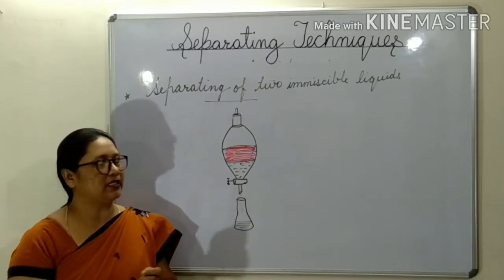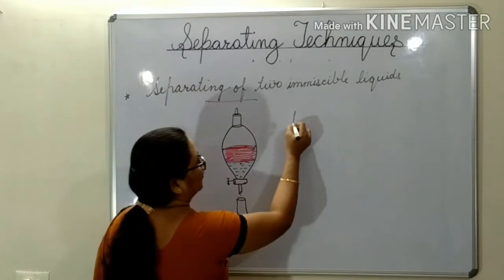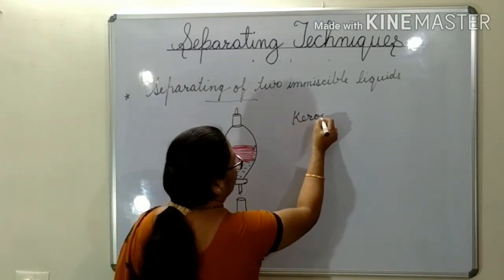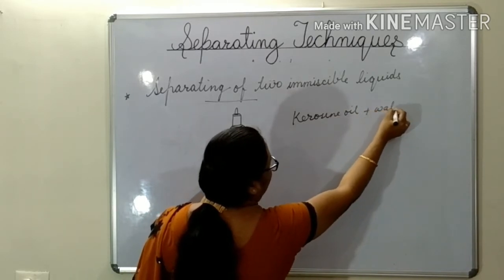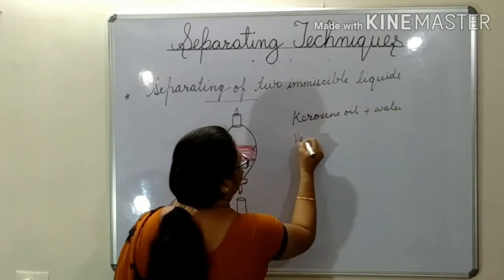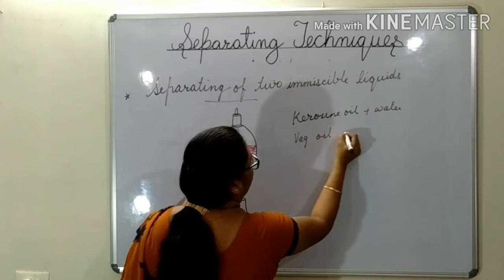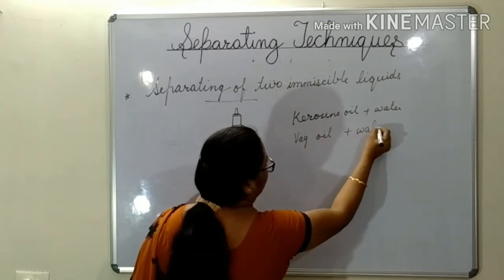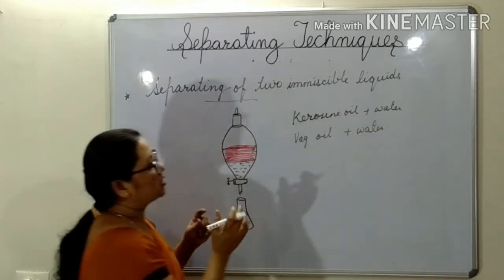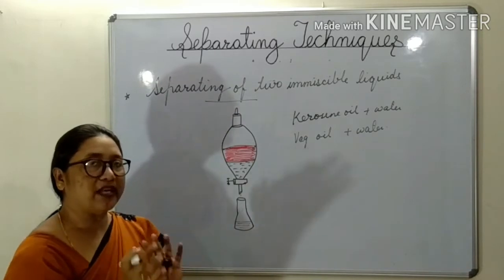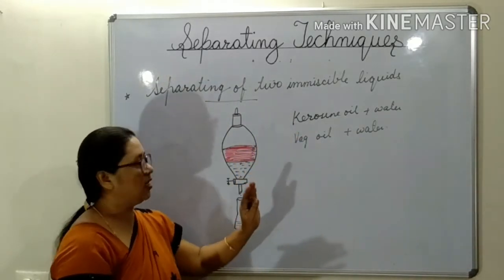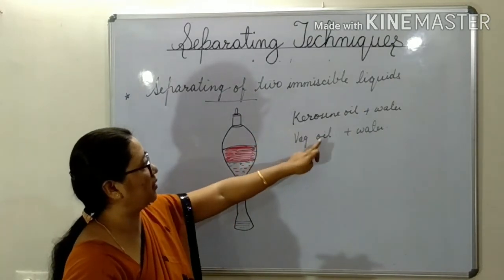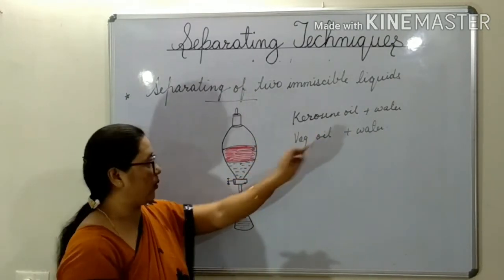Suppose you take kerosene oil and water, or vegetable oil and water. No matter how much effort you take to mix them, the oil and water will never mix. So these are called immiscible liquids.